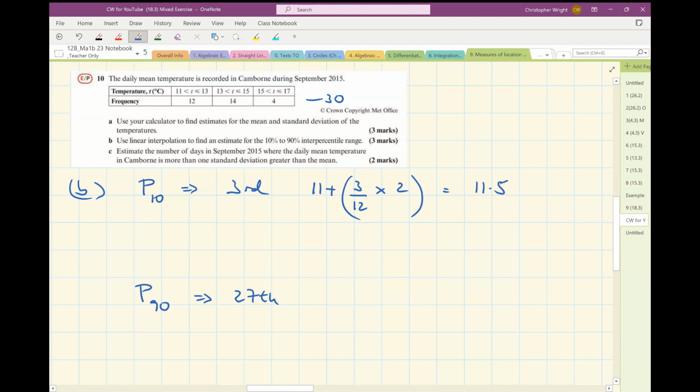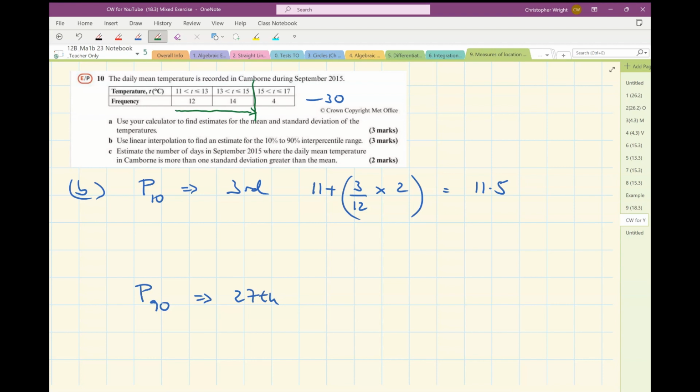Now the 27th one, where's that going to be? Let's have a look. Well, that's 26. So it's just at the beginning of that range there. It's going to be just a quarter of the way into that.